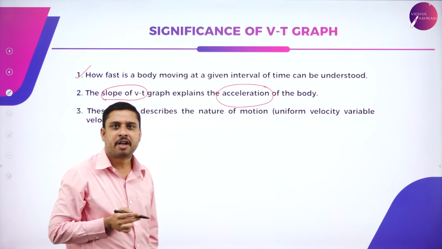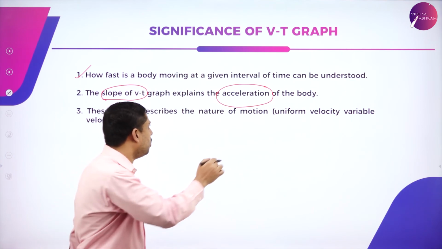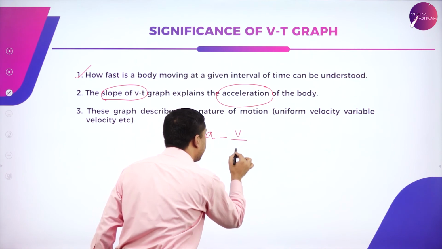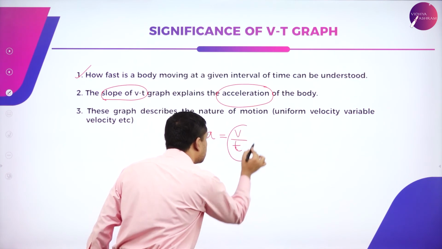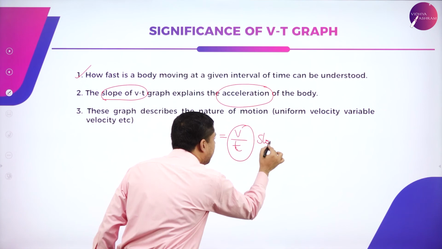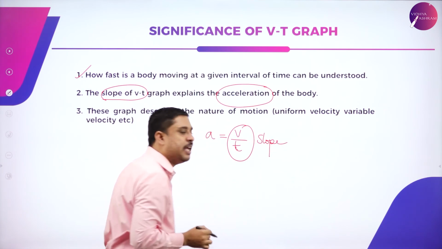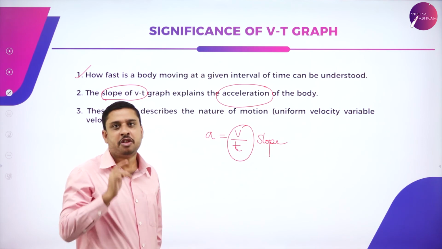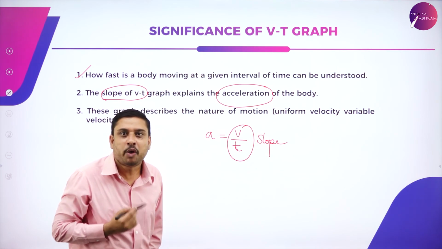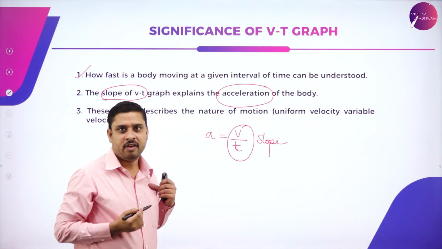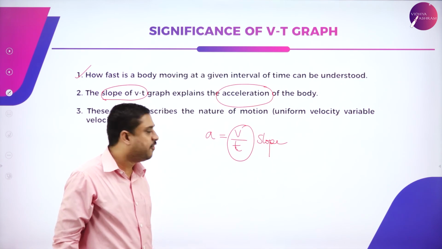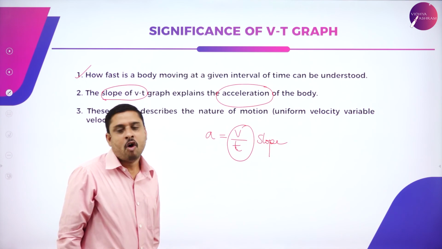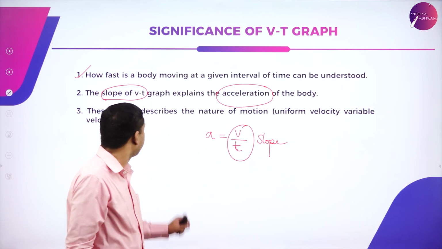Please remember, acceleration is change in velocity by time. So the slope of any VT graph gives me the acceleration of the moving body. So what do I ascertain from the slope of a VT graph? It is the acceleration of a moving body.